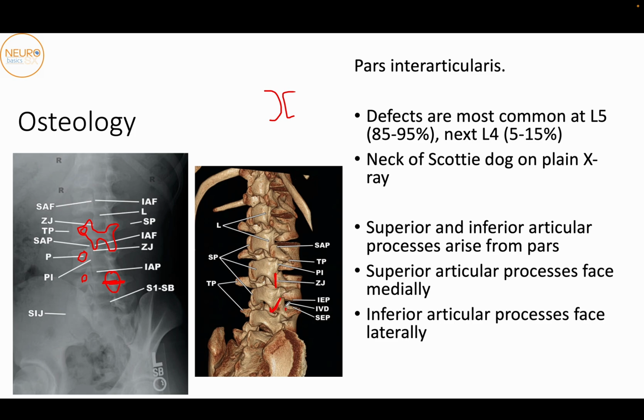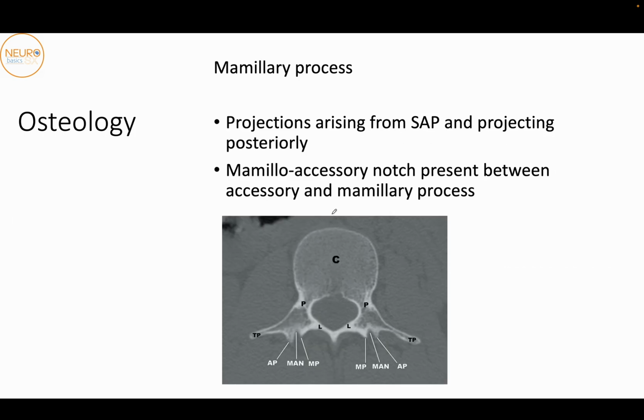The process facing medially is your superior articular process. These two join to form a sagittally oriented facet joint at the level of the lumbar spine. As we discussed, the superior articular process also gives rise to a tubercle posteriorly, which is known as a mammillary process. You have the mammillary process, you have the accessory process, and in between them, you have a notch known as the mammillo-accessory notch.